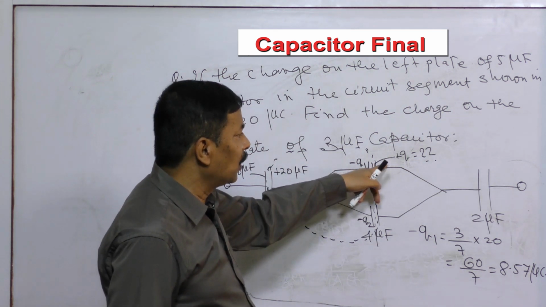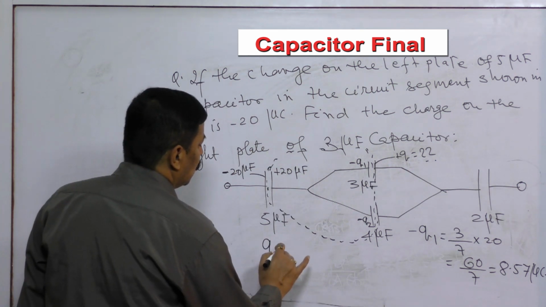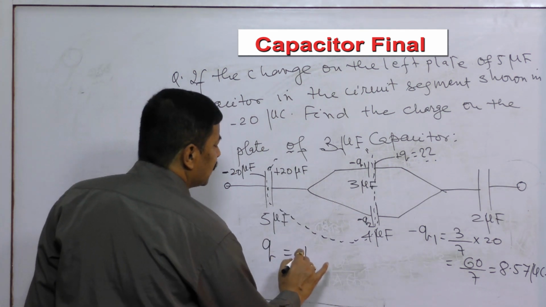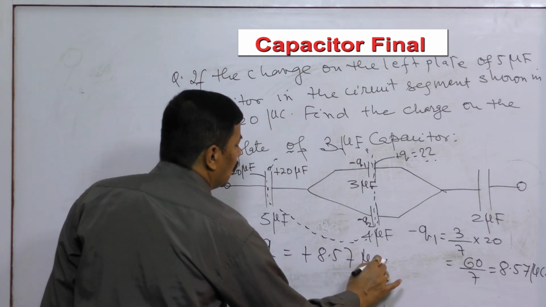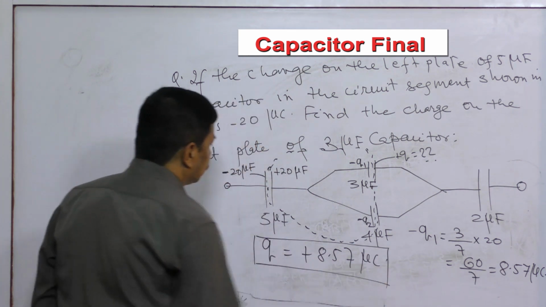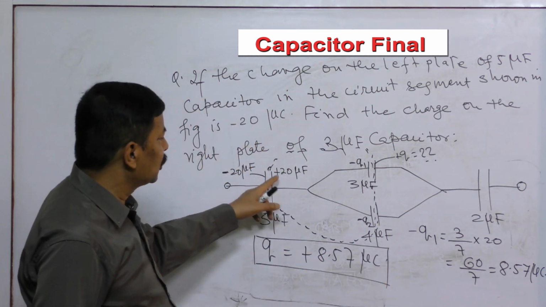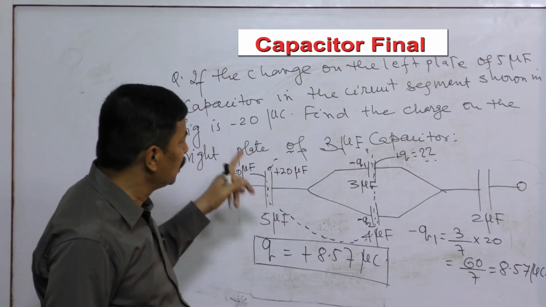So what will be on the right plate? So Q will be plus 8.57 microcoulomb. This should be your answer. See, here minus, so here plus. In this section, isolated section, net charge should be 0, so plus.